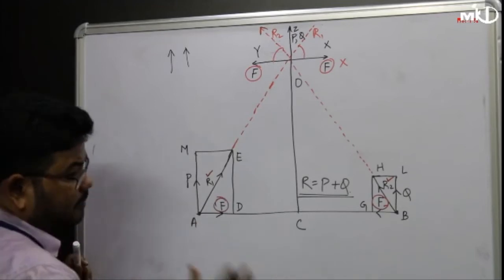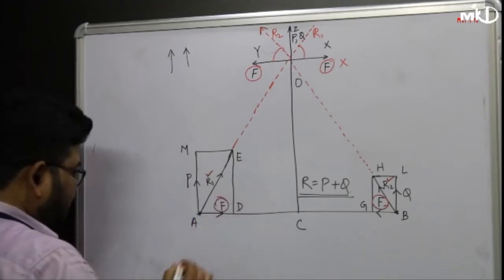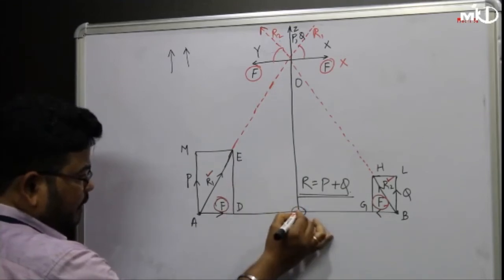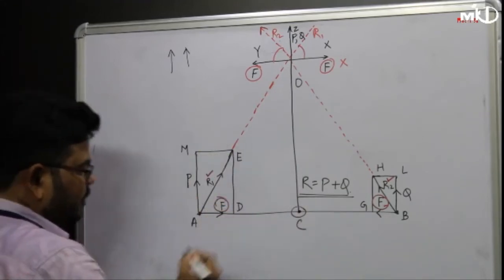Now see how we will find the position C. We will find it by using Varignon's theorem. If we want to find the moment about point C, what we will do?